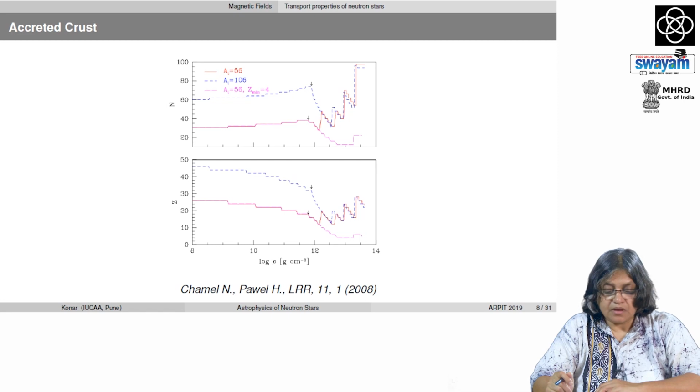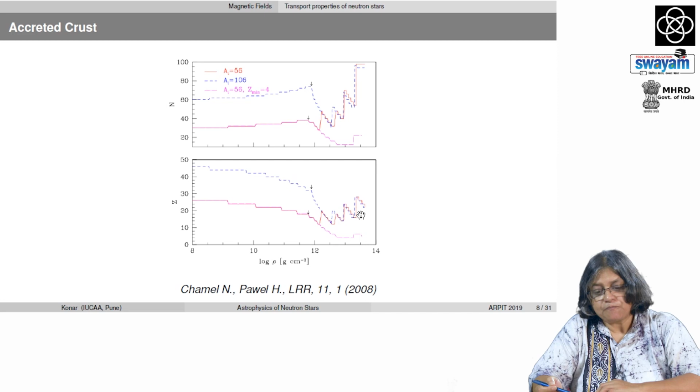This is a diagram showing the various nucleonic compositions in an accreted crust. So, you see that the value of Z, that is the atomic number of the preferred nucleonic species, changes very much.